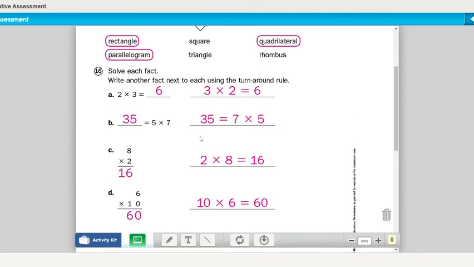All right, we're going to talk a little bit about the grading and how you're going to send me how you did on this assessment. We're going to try something a little different. That's it for the cumulative review. Hopefully you did a great job on that. That's everything we've learned so far. Remember that it is a grade level assessment, so the highest you can score is a level 3.